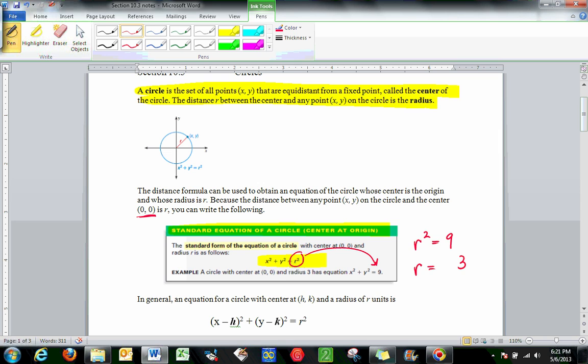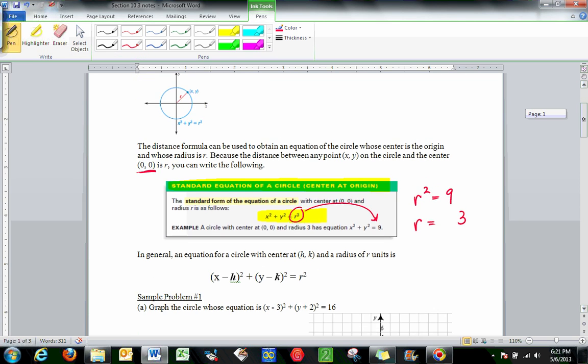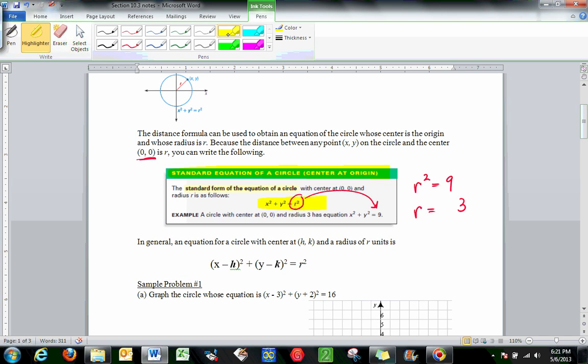Now, we also run into the case where we won't always have the origin as the center point, and this brings into play the h's and the k's that we've dealt with in the past. And if you recall, the H tends to shift the graph side to side, and the K shifts the graph up or down depending on the sign.